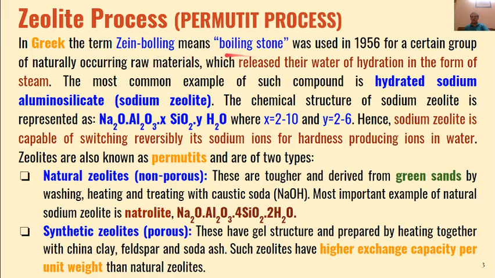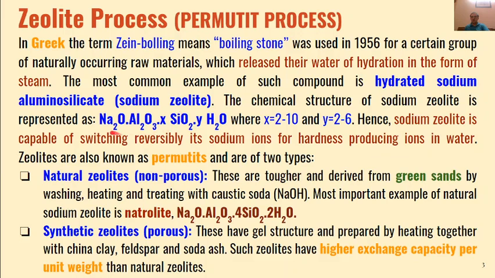From this boiling stone the word permutit or zeolite has come, and the most common example of such naturally occurring raw materials is hydrated sodium aluminosilicate, commonly called sodium zeolite.